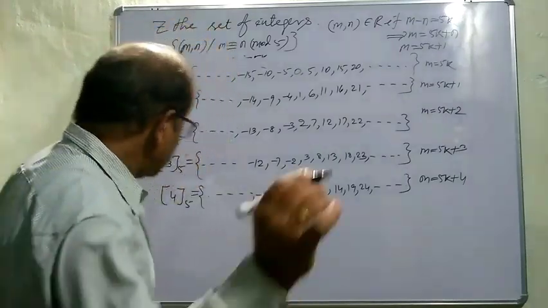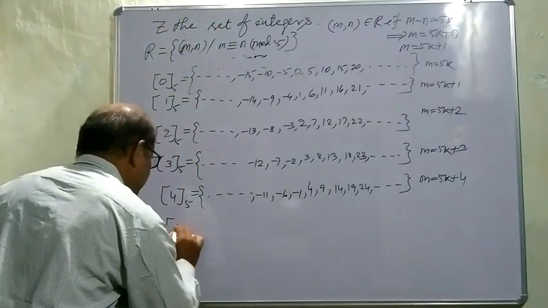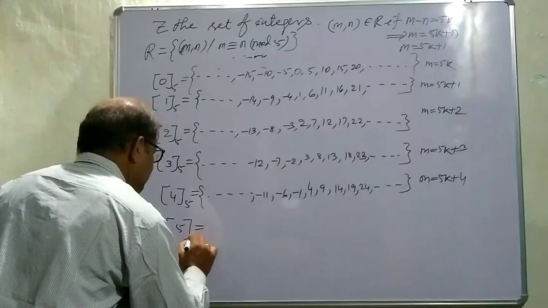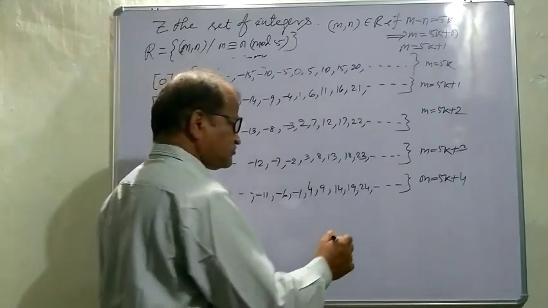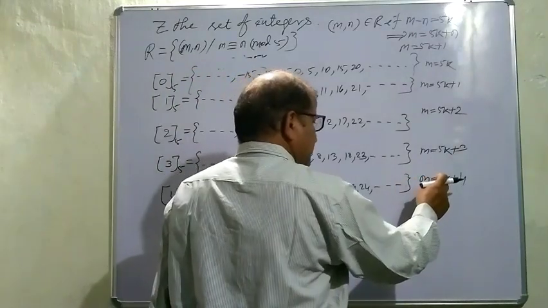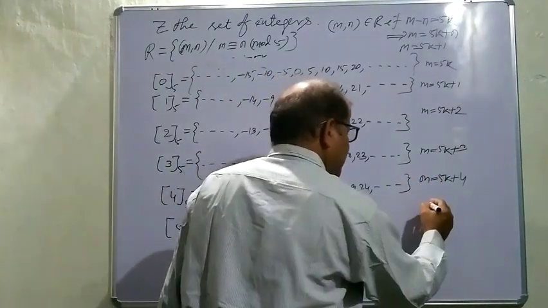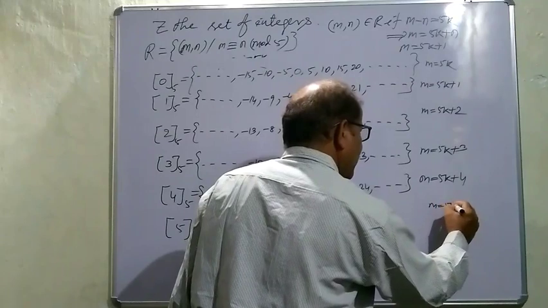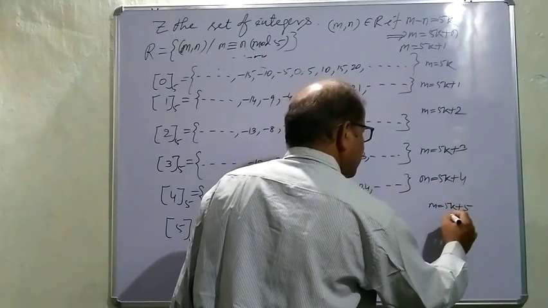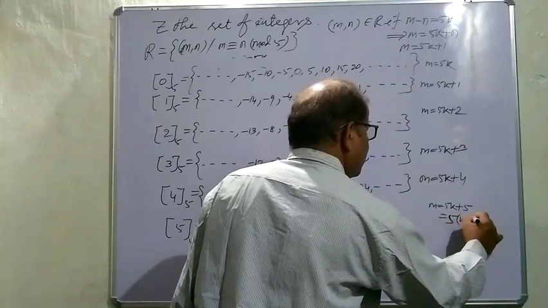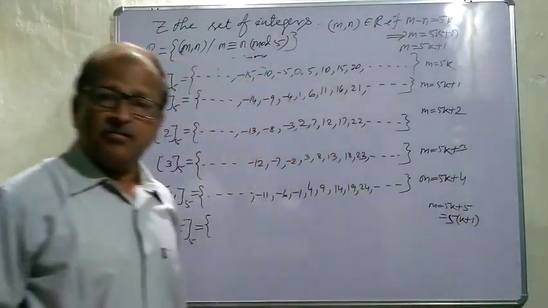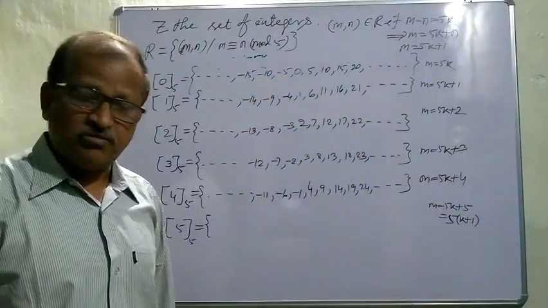Now let us find out the equivalence class of 5. You see, equivalence class of 5 with congruence modulo 5. What will happen? It is m is equal to 5k plus 5, which means it is a multiple of 5. 5 into k plus 1.